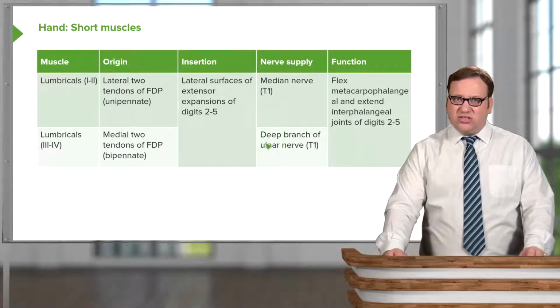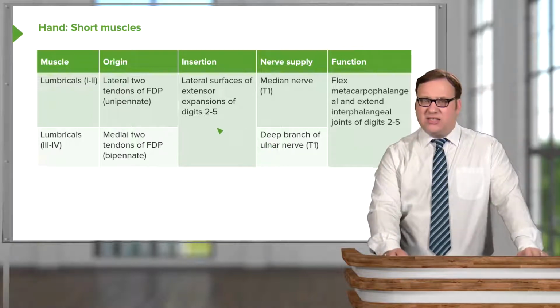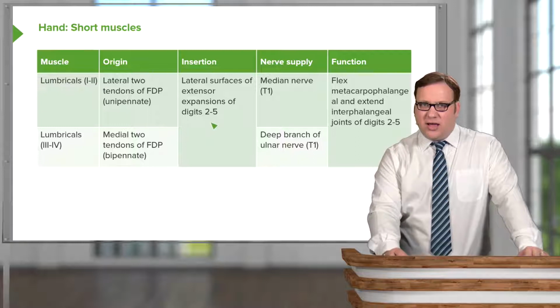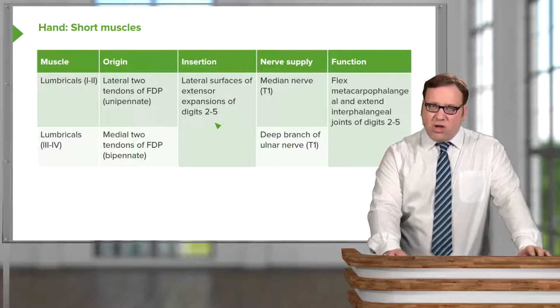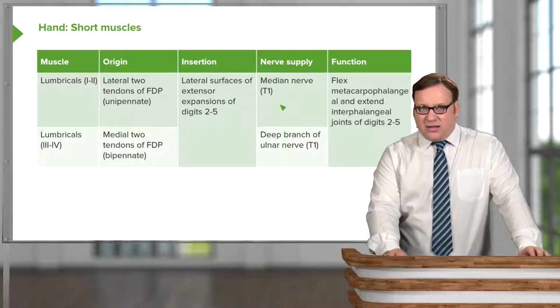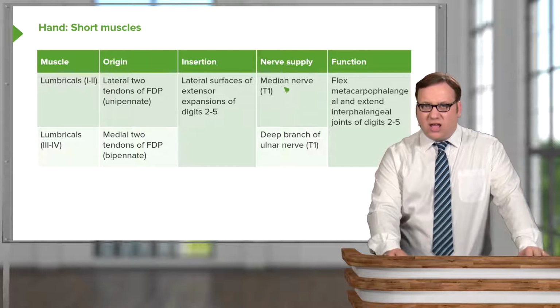They insert onto the lateral surface of the extensor expansions, as I mentioned, of digits 2 to 5. So they don't work on the thumb, just digits 2 to 5. Lumbricals 1 and 2, the lateral two lumbricals, are innervated via the median nerve, whereas lumbricals 3 and 4, associated with the medial tendons of FDP, are innervated via the ulnar nerve.